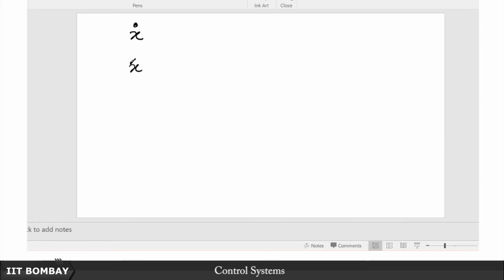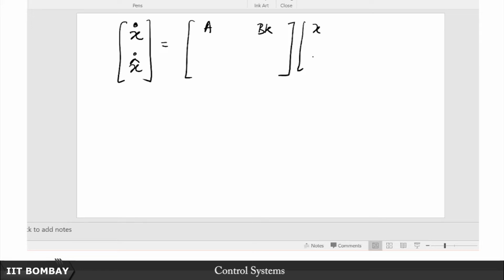So this is x dot, this is x hat dot, where x are the states of the plant and x hat is a vector that contains the states of the observer. If I recall, we had A here, we had BK here, of course we had x and x hat here. So x is an n tuple, x hat is also an n tuple.